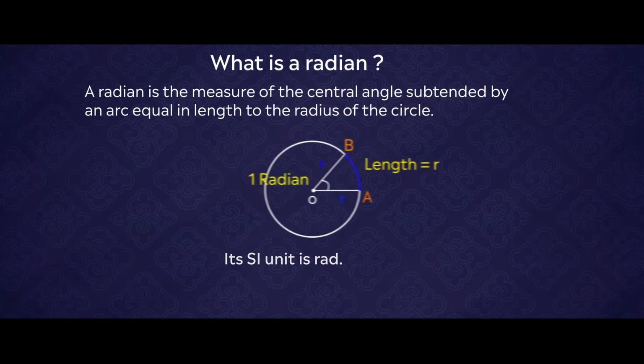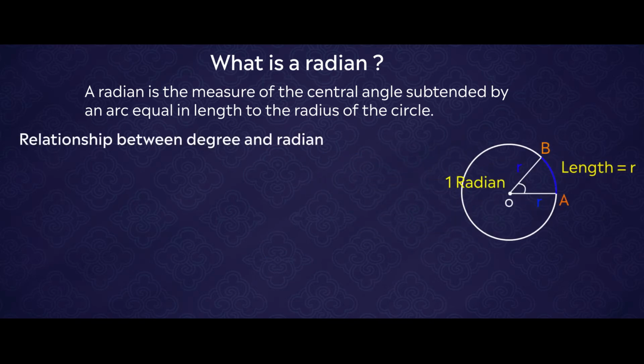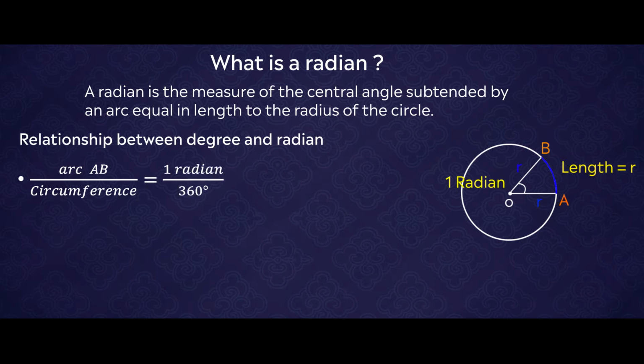Now, let us go to the relationship between degree and radian. We will use this diagram only. Now, the ratio between the arc AB to the circumference is equal to 1 radian divided by the central angle around, what is the angle around the center? 360 degrees.